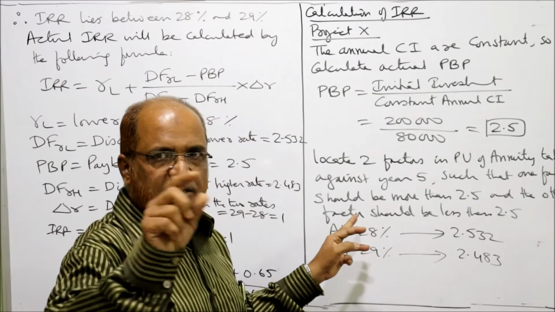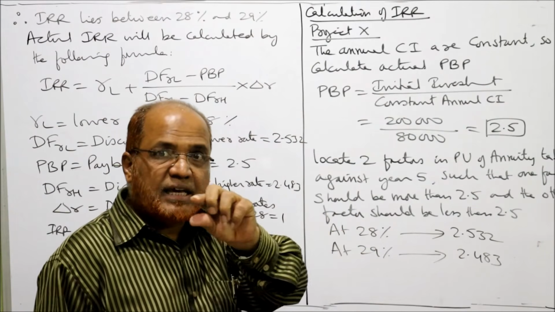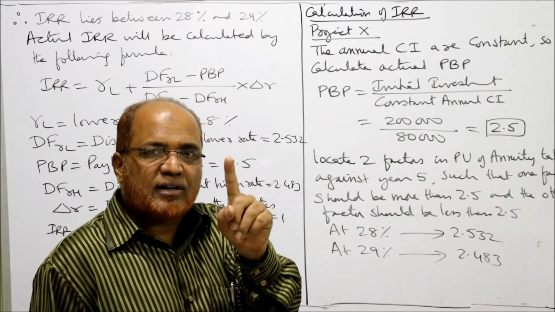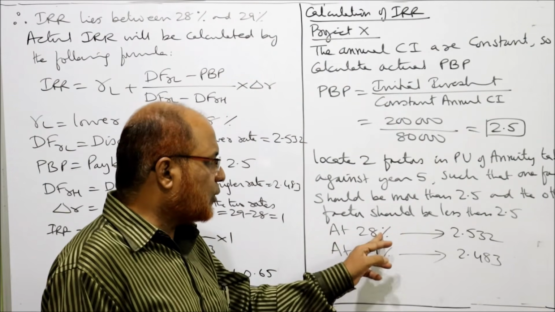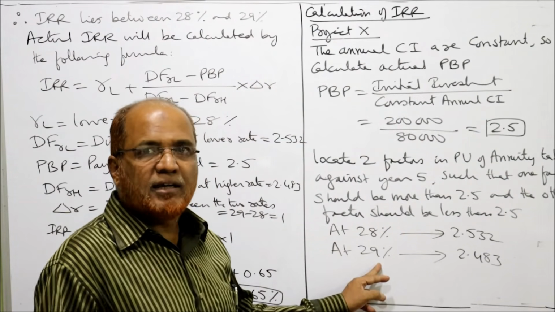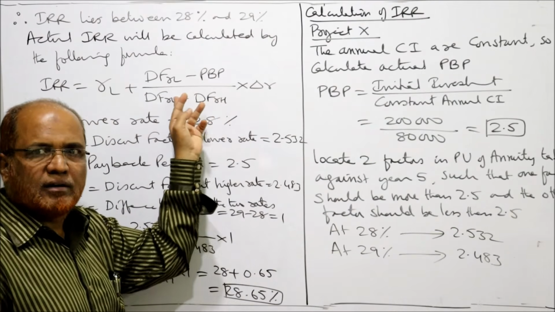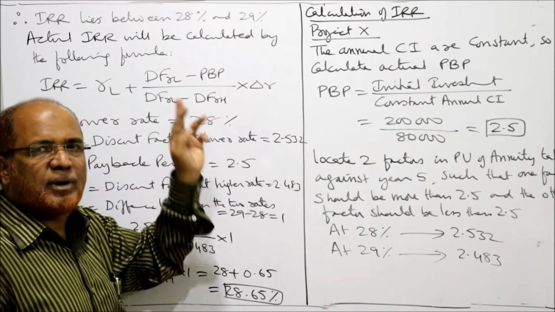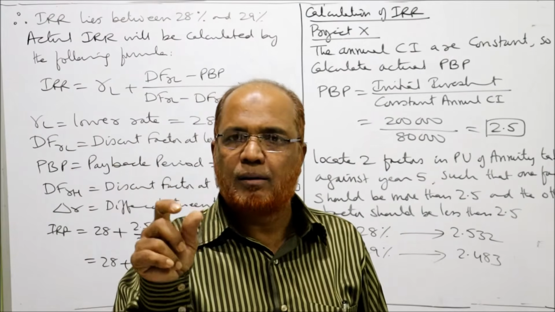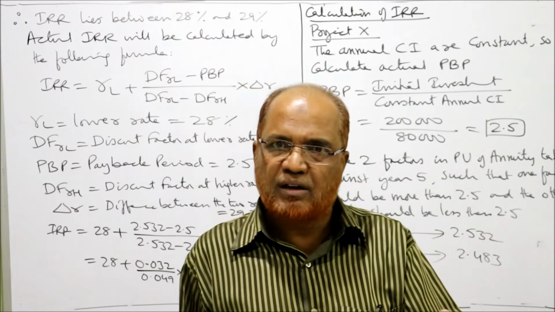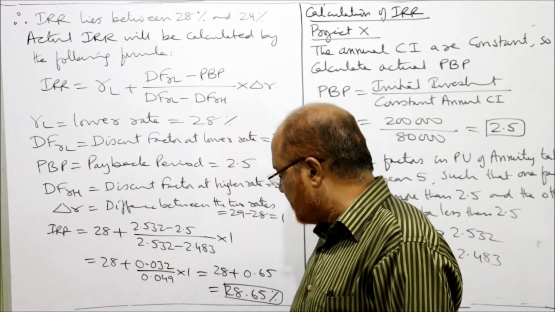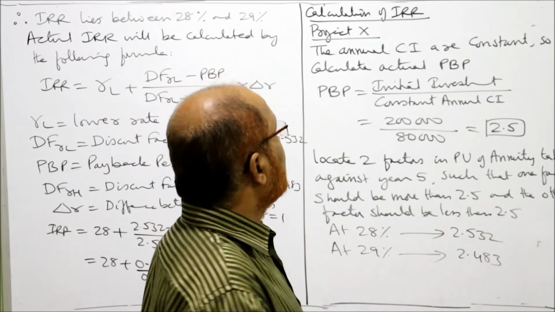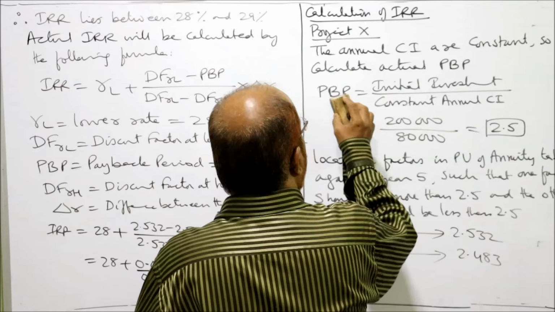Locate two discount factors in PV of annuity table against year 5 such that one factor should be more than 2.5 and the other less than 2.5. So we got 28 and 29. IRR lies between 28 and 29. The actual IRR can be ascertained by using the formula RL plus DFRL minus PBP divided by DFRL minus DFRH into delta R. I have given all expressions. We got 28.65.